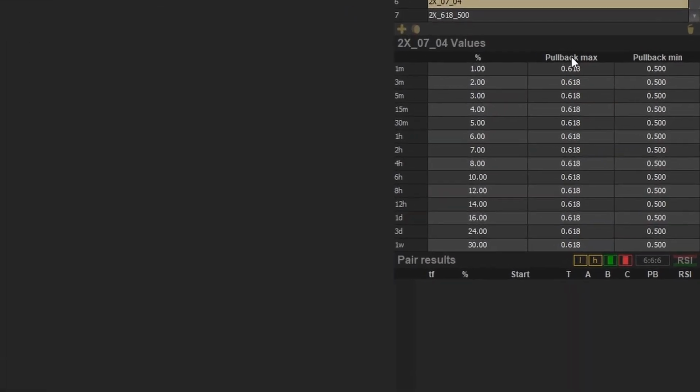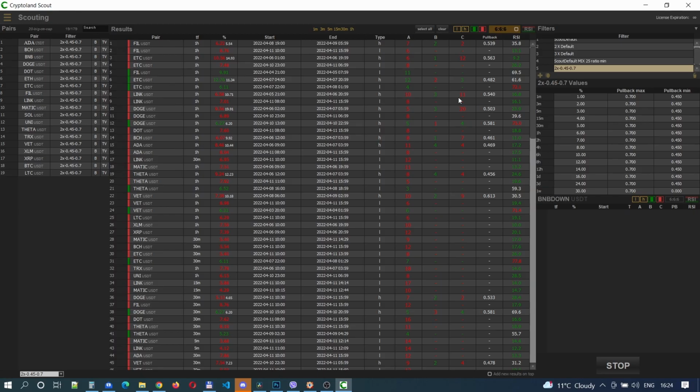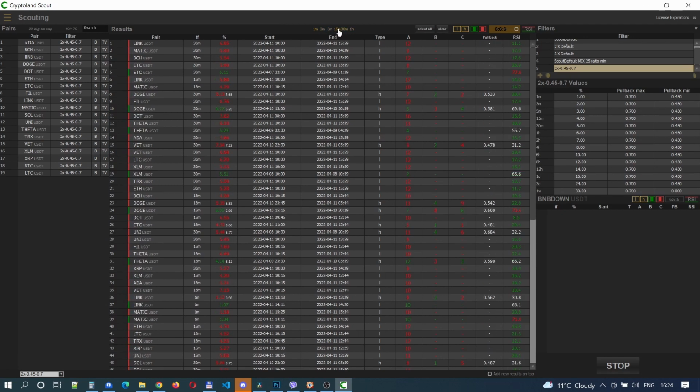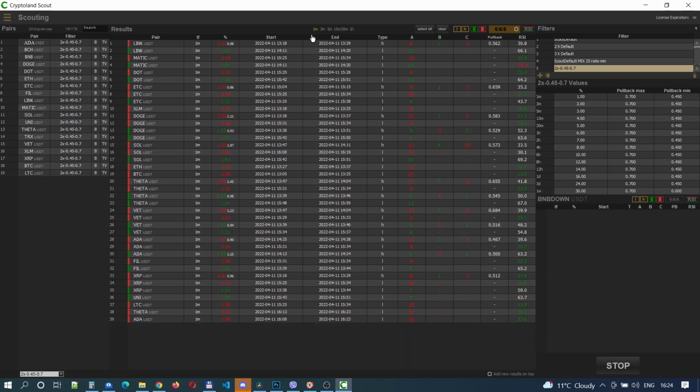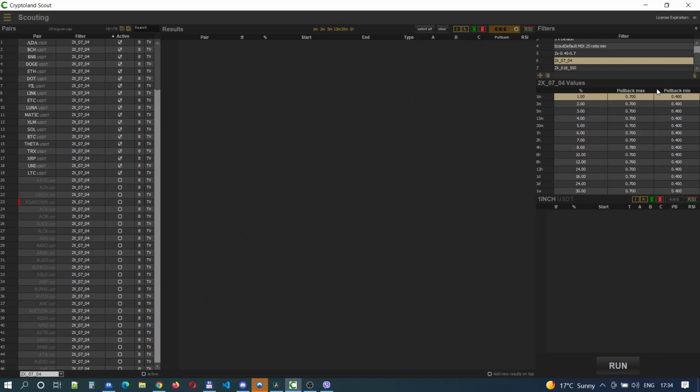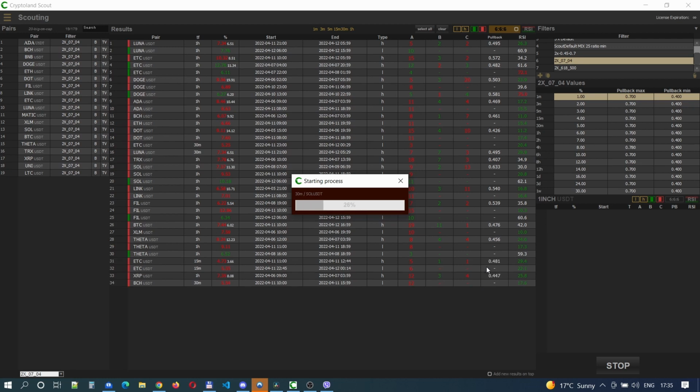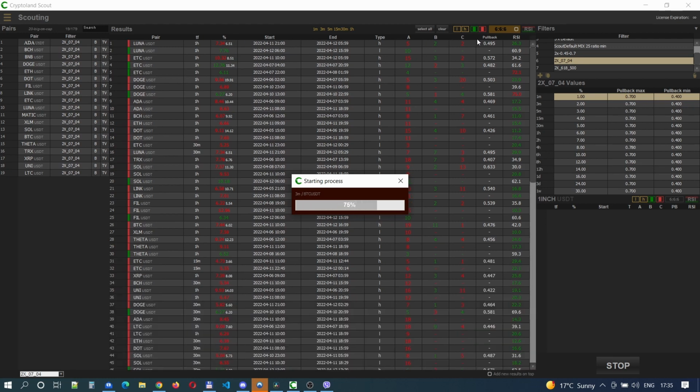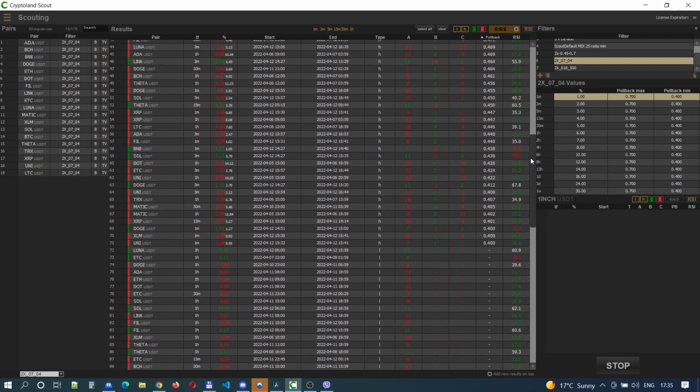Then in the value for the maximum pullback we write a value that is close but higher than 0.618. Let's say 0.7, and for the minimum value we write a value that is close but less than 0.5, let's say 0.4. Then Scout in the results table will throw out only pullback results that have values between 40% to 70% of the value we got during the initial price action change.